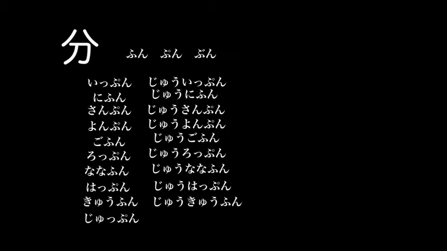And when you get to 20, we have to remember to say 2 lots of 10, 20, before we say pun. 20分. And you can see that the smaller number imitates the original 1 to 10. If you've learnt that, you can add 10 to make the teens and 20分 meaning 20 minutes.